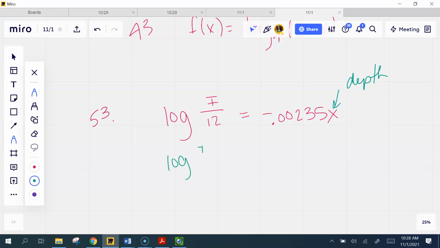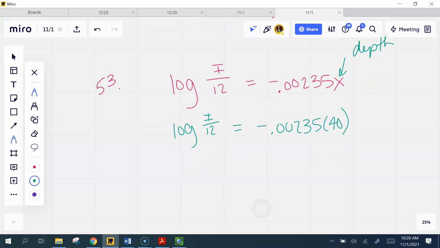The log of I over 12 is equal to negative 0.00235 times 40. So I get log I over 12 equals negative 0.094.